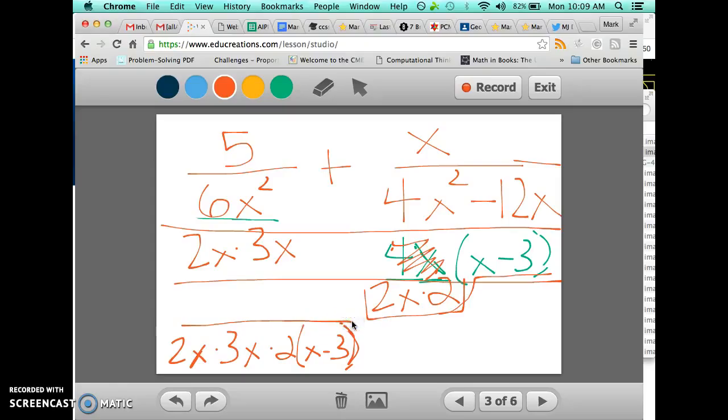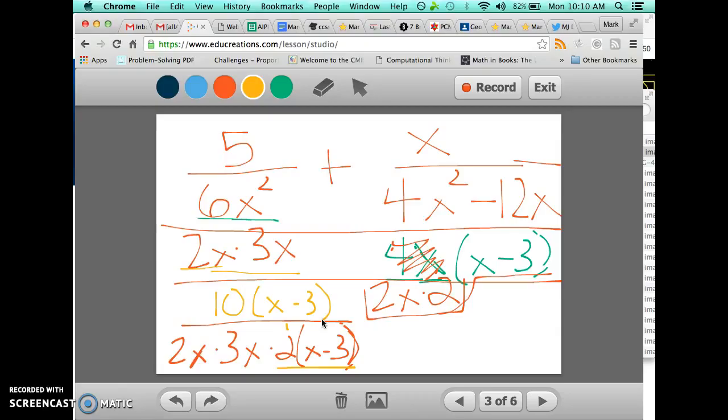Okay, what do I have to do to this top thing to get that? I have to multiply it by this. I had 6x squared, and now I'm multiplying that much. So I'm multiplying 5 by 2 times x minus 3. I multiply the 5 with the 2 and get 10 times x minus 3 over here.